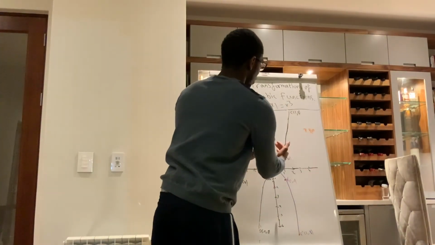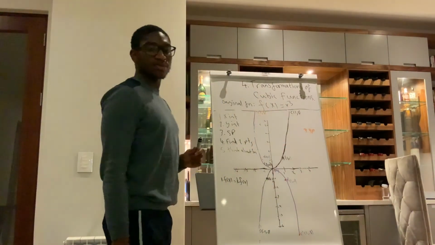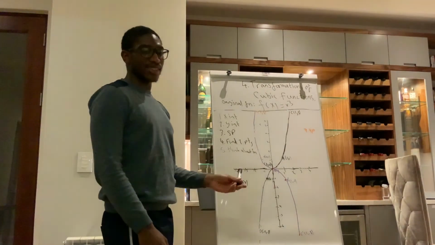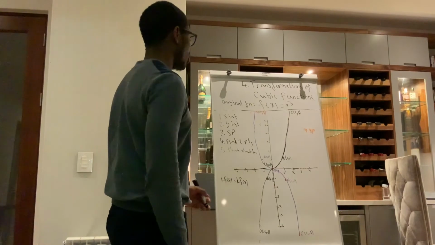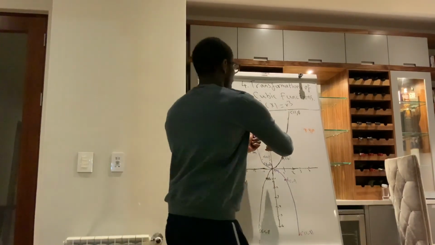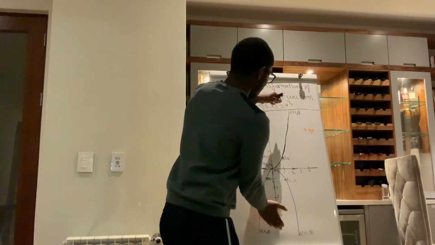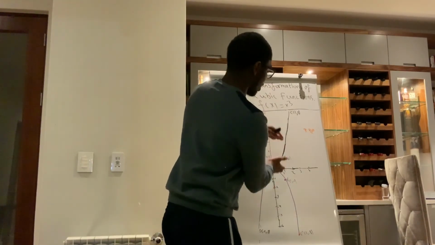So squeezing horizontally or stretching vertically. If it's a fraction, so if k is less than 1 but greater than 0, then what you're going to find is a stretching out horizontally or shrinking vertically.